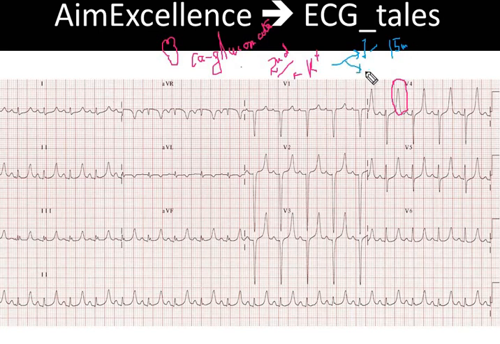Next, the other drug is a beta agonist like albuterol, which does the trick within 30 minutes. Another drug that we can give is sodium bicarbonate.